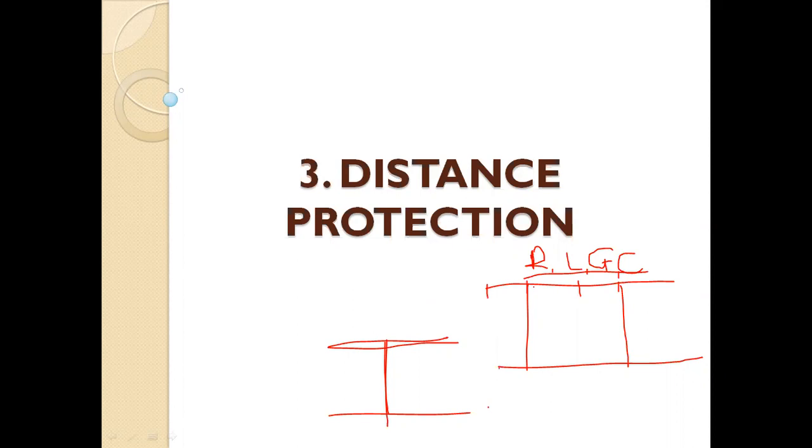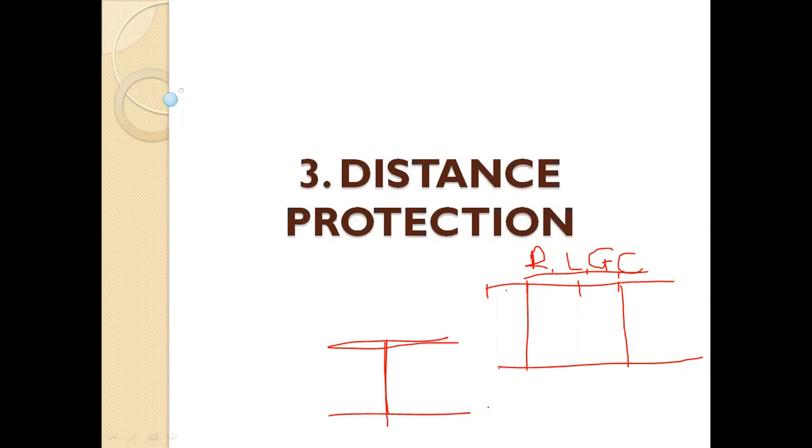Their operation depends on the parameters only, because here we are not considering only current or voltage terms. When we are using our overcurrent relays, if the current increases, then your relay will operate fast. Like this, we cannot consider here.